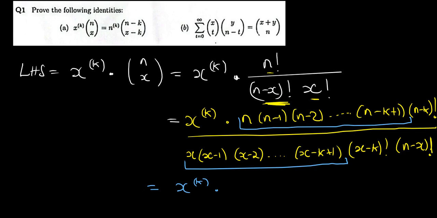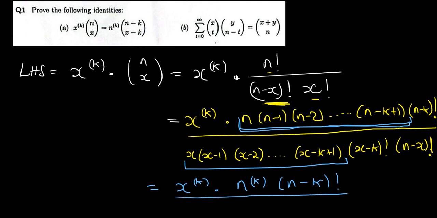Okay, from here all the way up to there, it's just the n k falling. And then I have n minus k factorial divided by, so from here all the way up to there we have our x k falling.